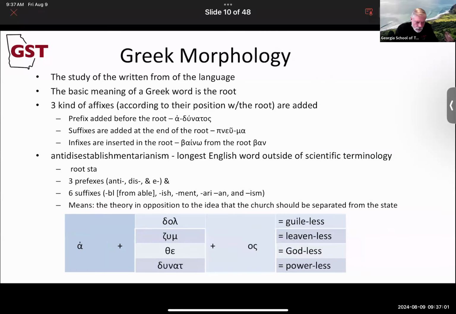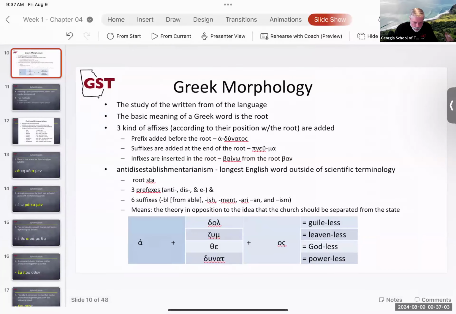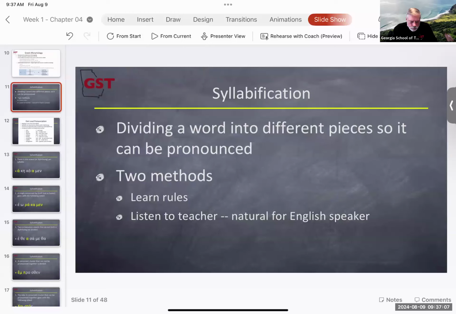All right. So let's do this. Let's go to the next slide. All right. So that's sort of our introduction into the actual chapter 4, syllabification. Syllabification is a really big sounding word. It's just really syllables being pronounced. So we're going to divide a word into different parts or pieces so it can be pronounced, right?